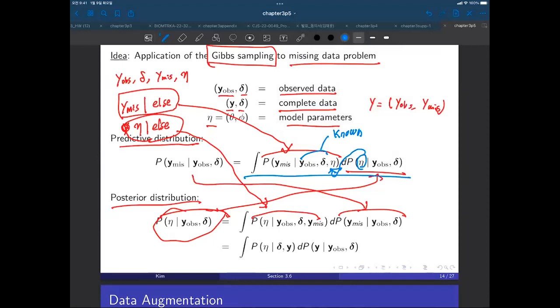The only thing unknown is eta, right? But you use the previous sample, the Markov sample, to plug in to obtain the update. And then that one is plugged in here. Same story here, right? This guy is plugged in here to generate eta. That's exactly the Gibbs sampling structure.